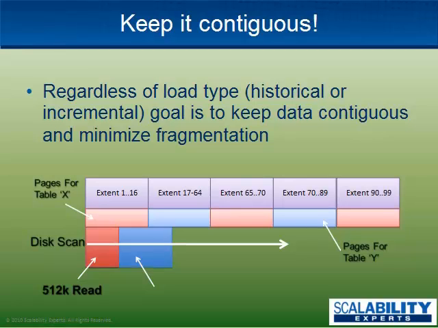In my first extent, I've got data from table X. Extent 2, I've got data from table Y. Well, because Fast Track is trying to read 512K reads and read aheads into 2 meg blocks, basically what happens is I'm reading in fragments from table Y and discarding them. So I'm losing my Fast Track scan-centric workload. So these methodologies here are to try to keep these pages contiguous for each of the tables.